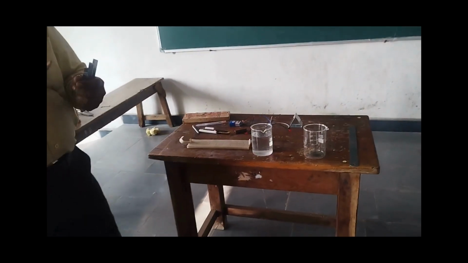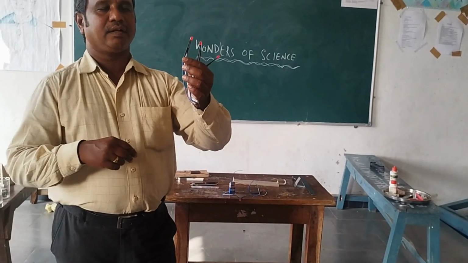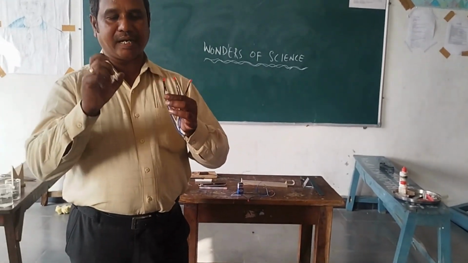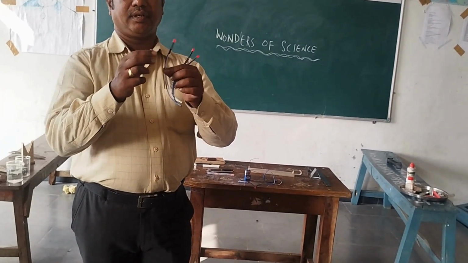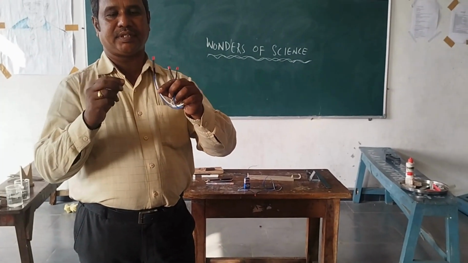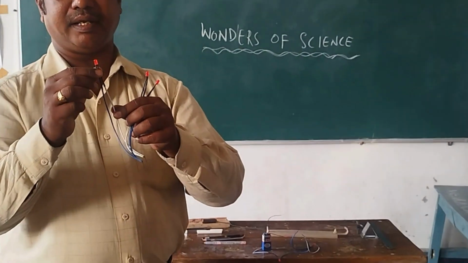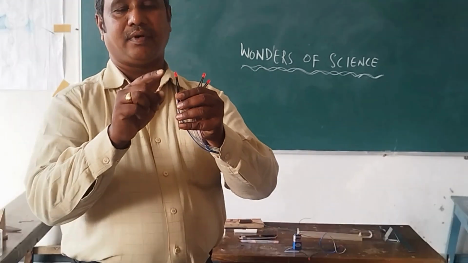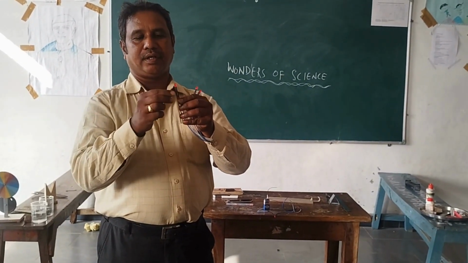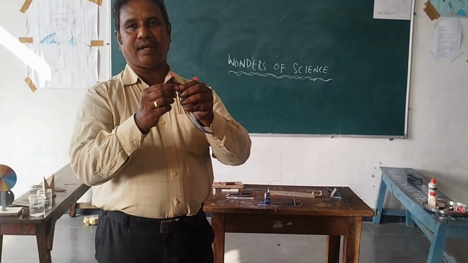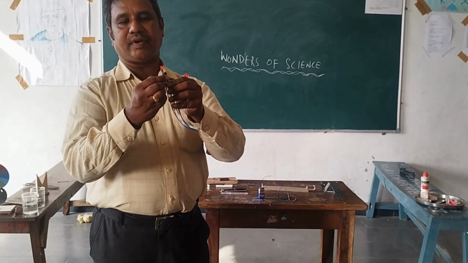Right, here we have beautiful experiments and multiple beneficial experiments. Suppose a simple LED concept, which will give different concepts. LED is nothing but a light emitting diode, which has a positive terminal and a negative terminal. So it is a PN junction diode. Here, which is the positive? We have the longer lead and the shorter one.